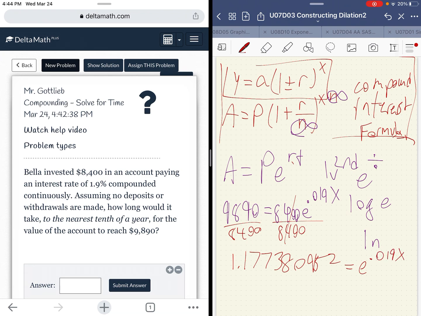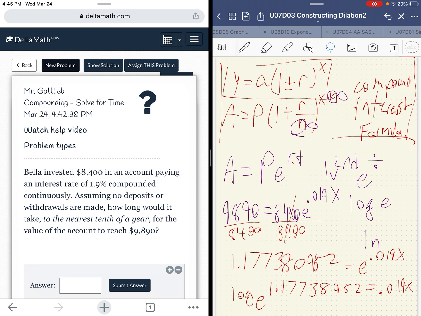I just write down whatever the calculator gives me, because every time I round, I'm making my answer less accurate. Next, we're going to write this in log form. So it's log base e of our result, which was 1.177380952. This was all equal to our exponent, which is 0.019x.